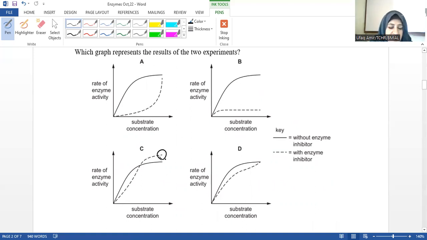Here they show Vmax reaching the same Vmax as without the enzyme inhibitor, and here again the same thing. So these are all incorrect. This one is correct, where the upper graph shows without inhibitor, and this one shows with inhibitor, so the maximum rate of reaction is now lower.